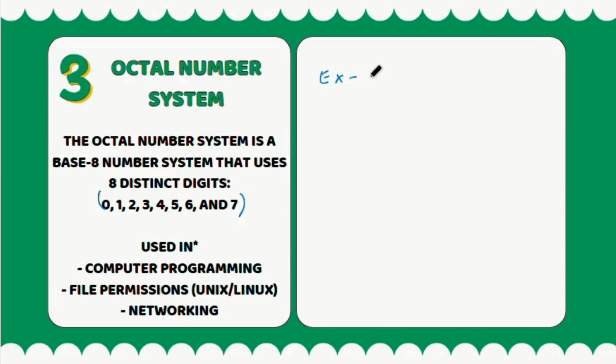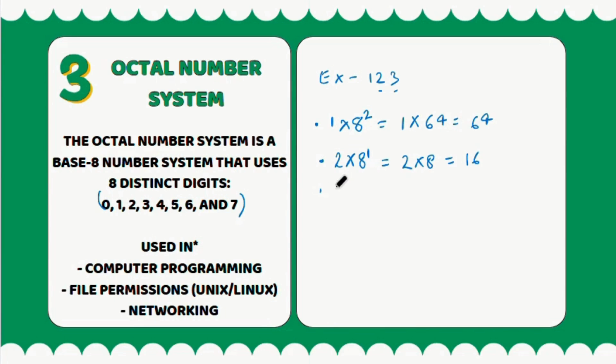Let's convert an octal number 123. 1 into, since it's an octal number, we will multiply this with 8 to the power 2 is equal to 1 into 64 is equal to 64. Next is 2. 2 into 8 to the power 1 is equal to 2 into 8 is equal to 16.